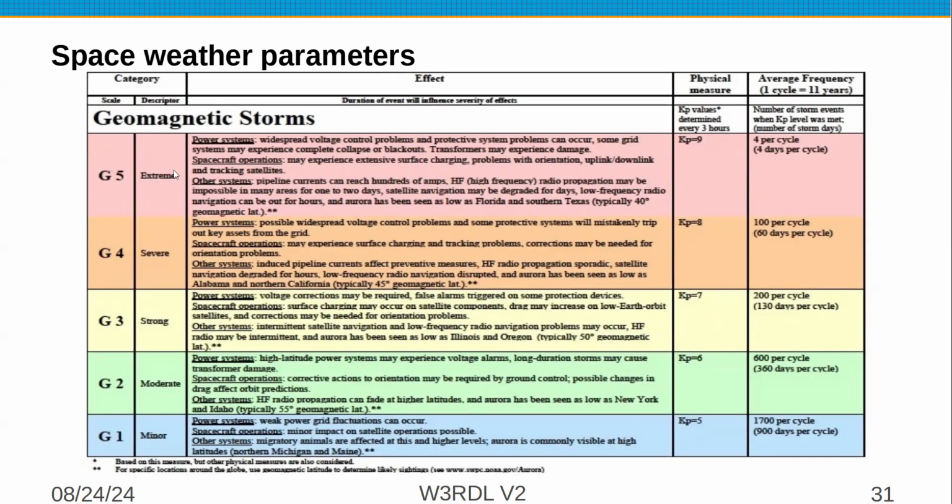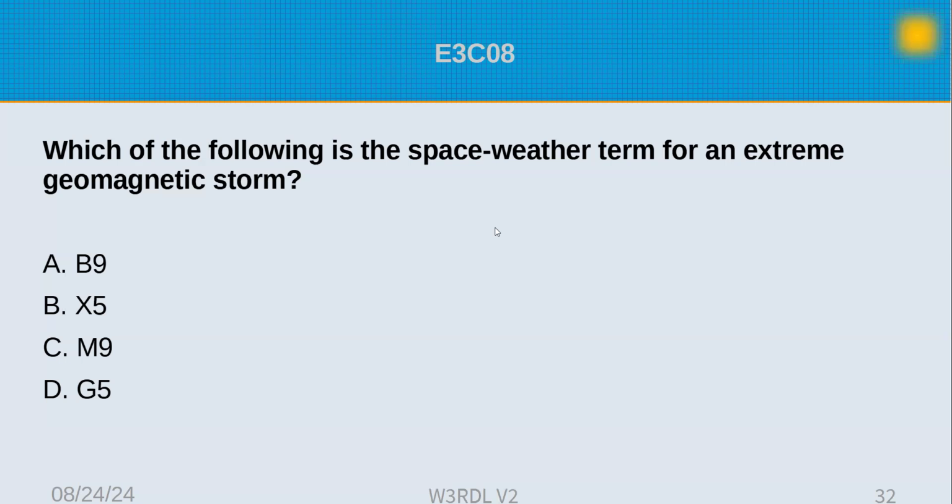For a 5, it says widespread voltage control problems and things on power systems. Affects spacecraft. Wow. Currents of hundreds of amps and really bad stuff. Where G1 is kind of minor. You might see the effect, but it's not going to do any real damage. Which of the following is the space weather term for an extreme geomagnetic storm?